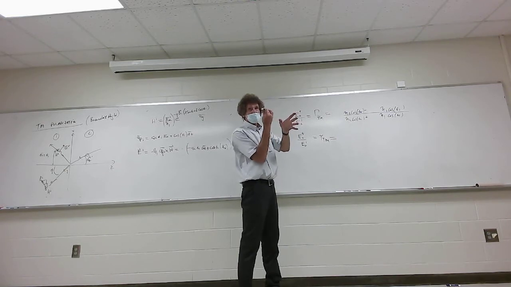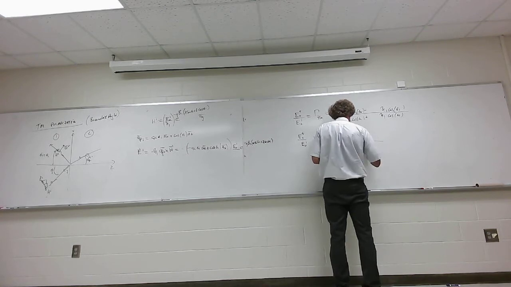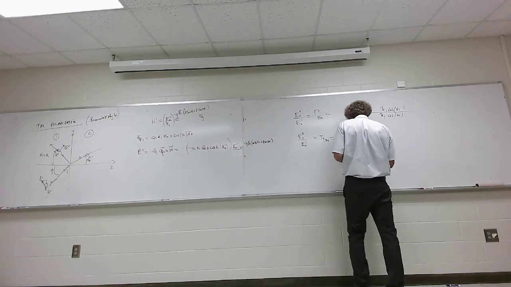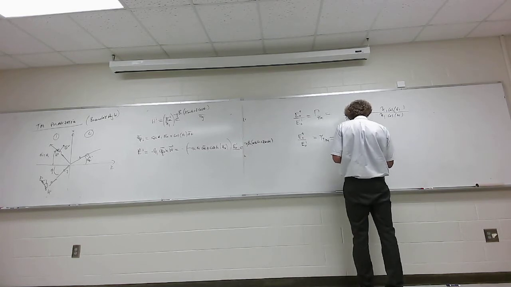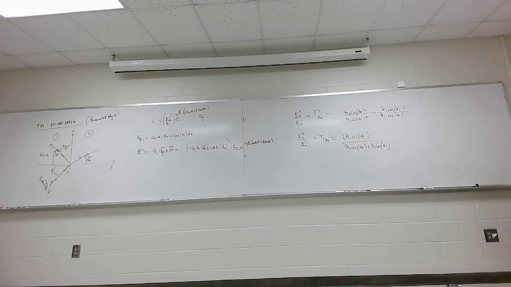For TE polarization, they're parallel at the interface, they're not here. So this is equal to 2 a2 cosine of theta incident over a2 cosine of theta transmitted plus a1 cosine of theta incident. And I think this is the way Wentworth has it. There's a couple different forms.